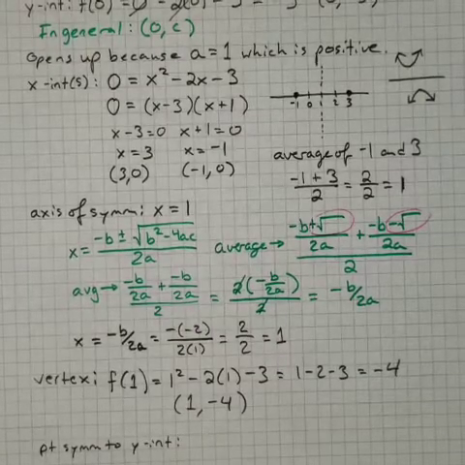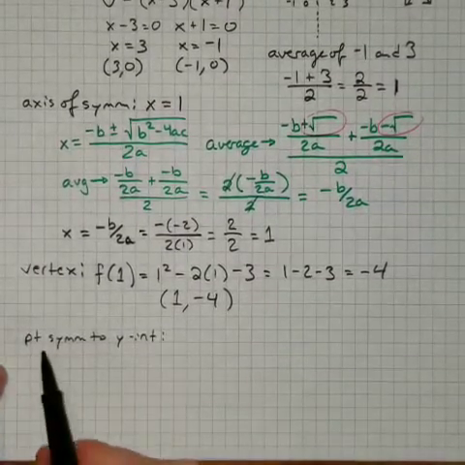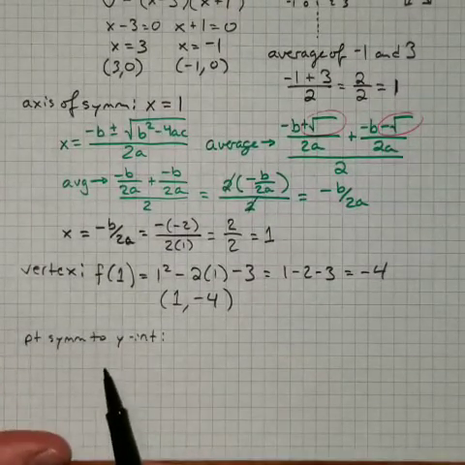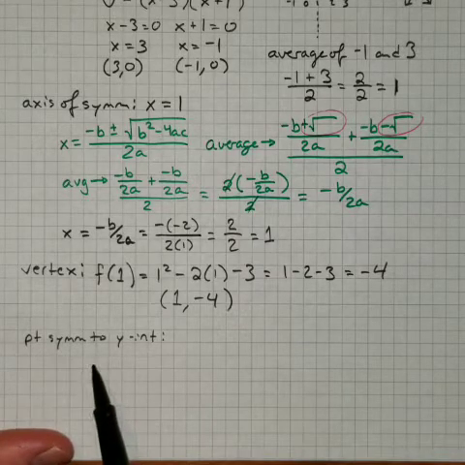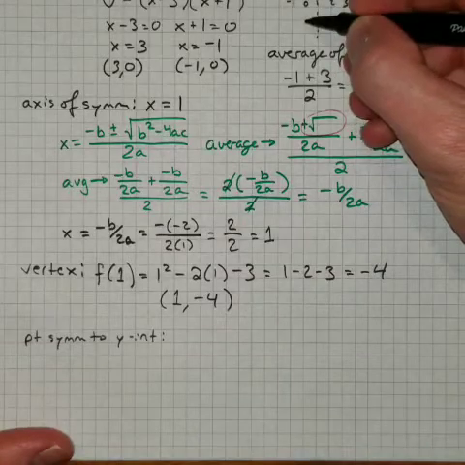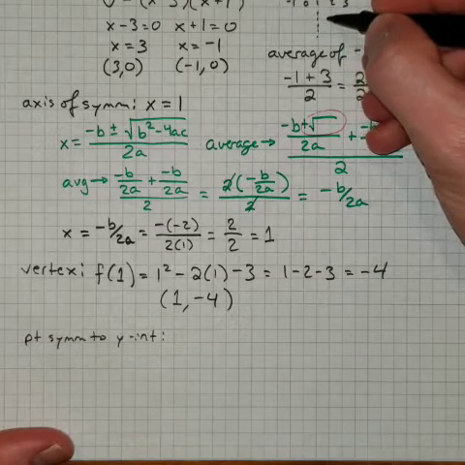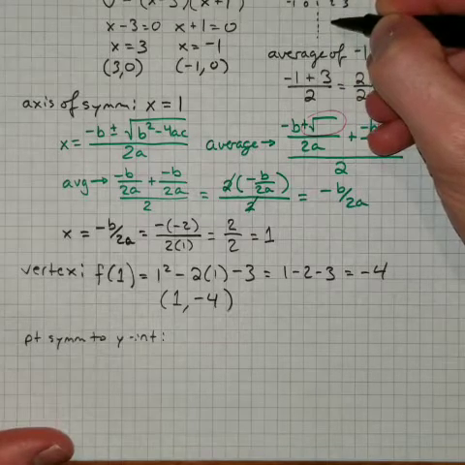And again, I'm abbreviating quite a few things here. Point symmetric to y-intercept. Now, to find that, remember the y-intercept, wherever that ends up, it's going to be at 0 here somewhere. Wherever that ends up, the symmetric point is going to be at the same height, but an equal distance.